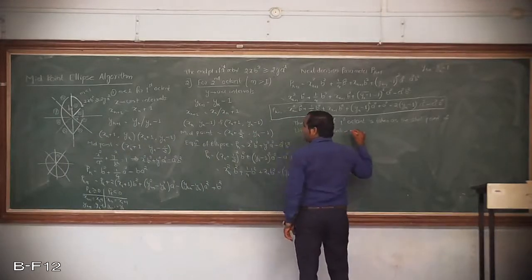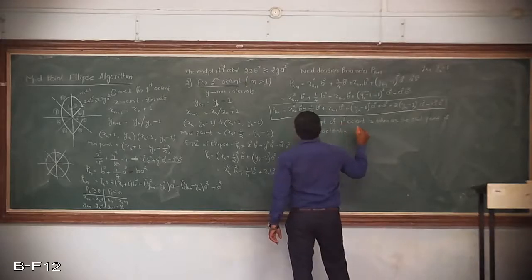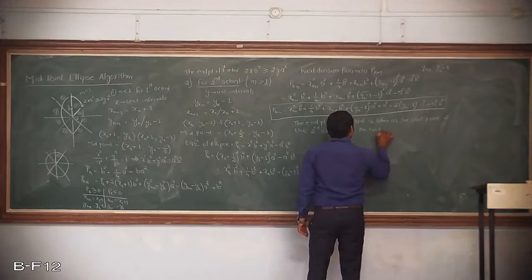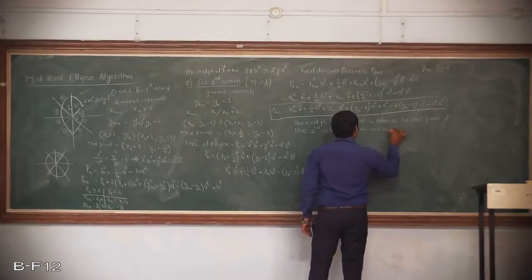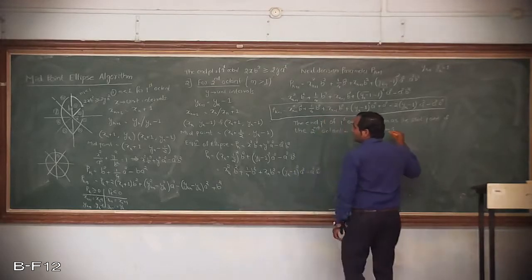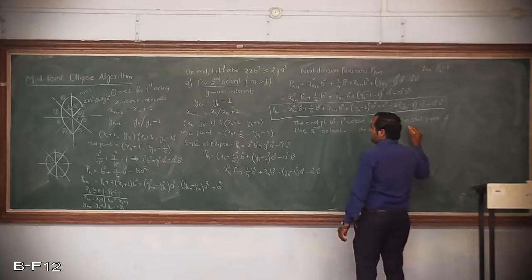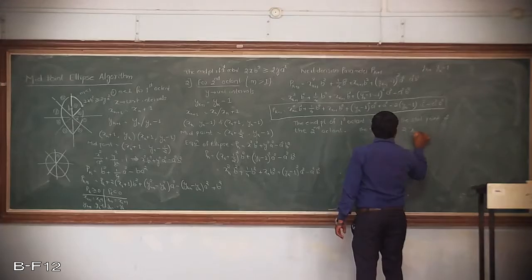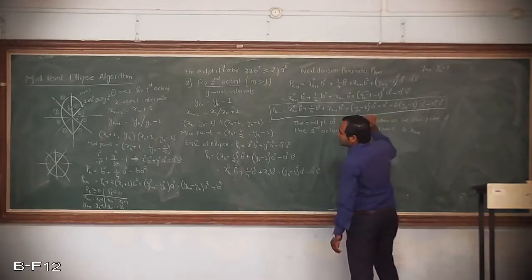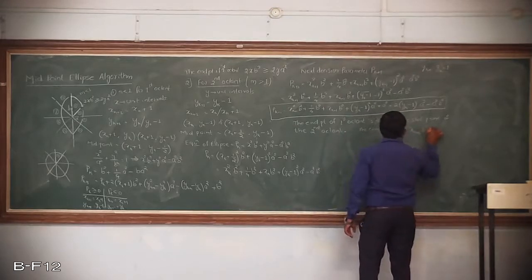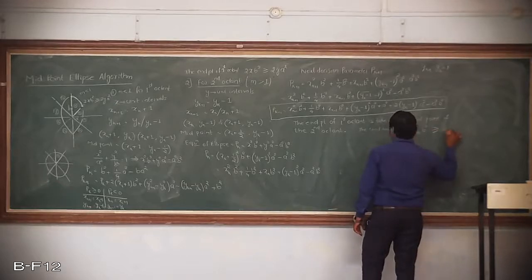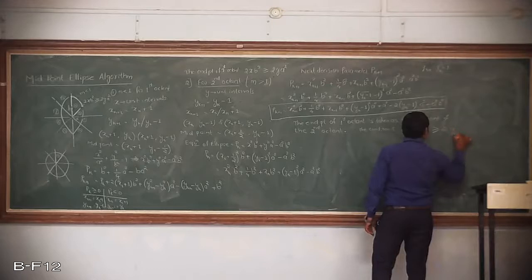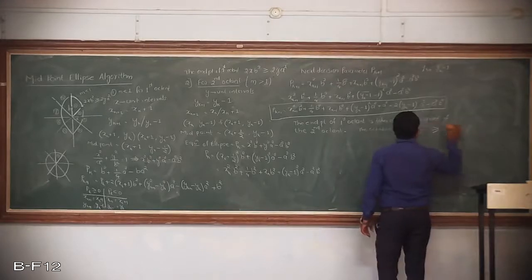So the termination point condition I will write here as 2(xk+1) b² greater than or equal to 2(yk+1) a².